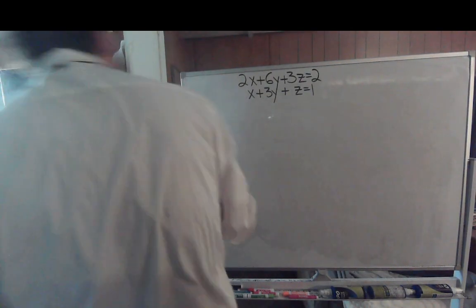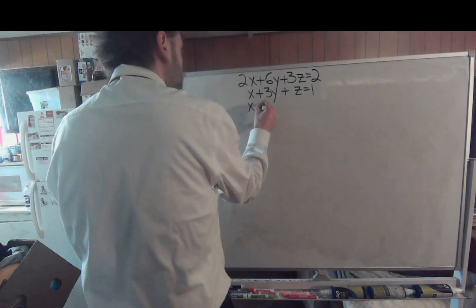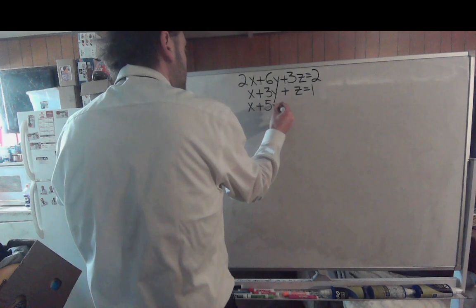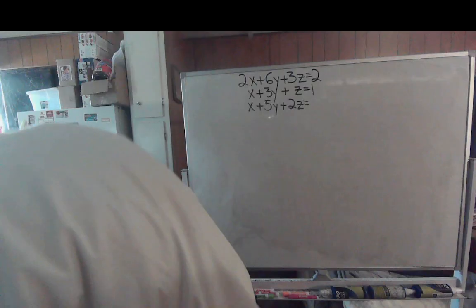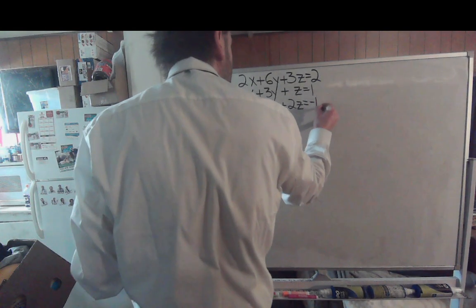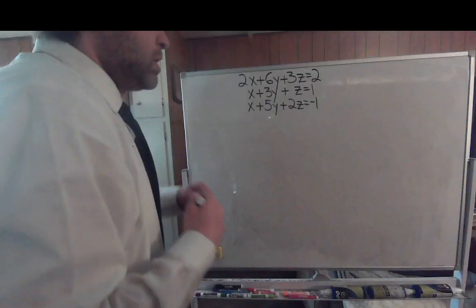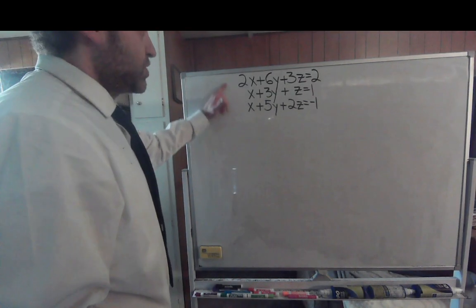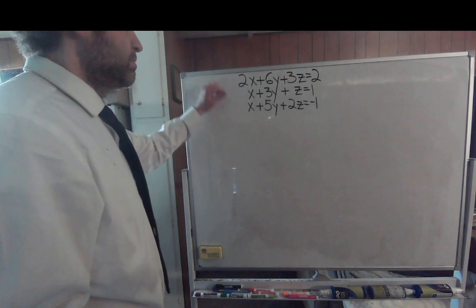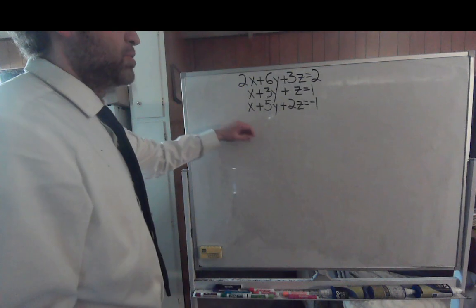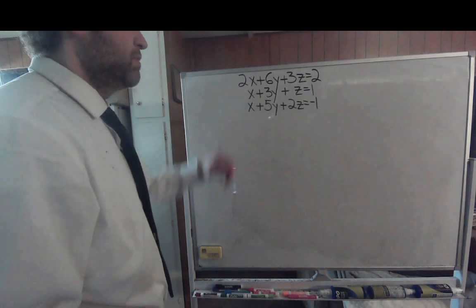Then we have x plus 5y plus 2z is going to be equal to negative 1. Alright, so there is your system of equations. We got these 3 equations with variables x, y, and z and their various coefficients.